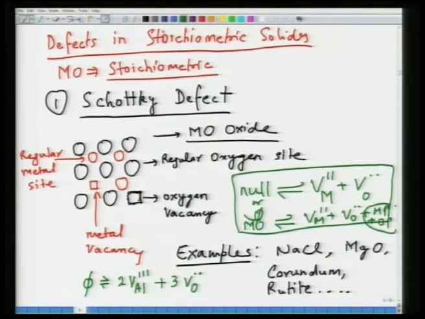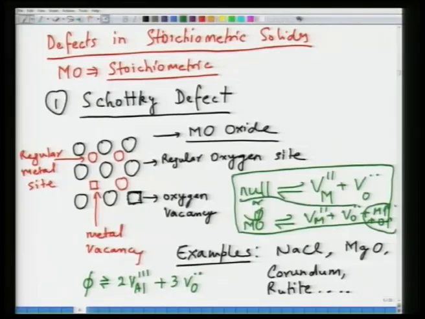So, whatever MO hypothetically was present there has gone out, but since the defect formed during the formation stage itself, the more accurate way of writing is the above line. And if you look at these equations, you have to maintain the site balance, mass balance as well as the charge balance. So, this would be Schottky defect formation in these solids.